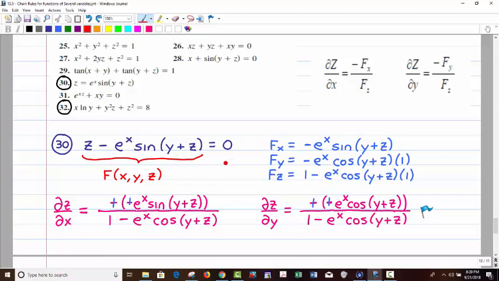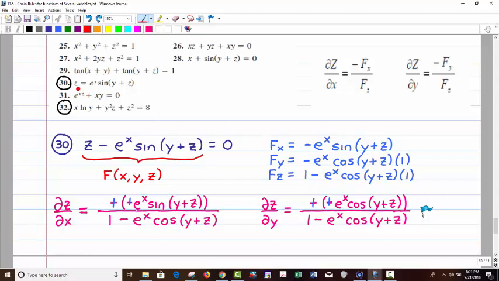So once again, I need fx, fy. Looks like I did fz at the bottom here, but I'll do it first. But it's the denominator, remember? So let's see. So fz.